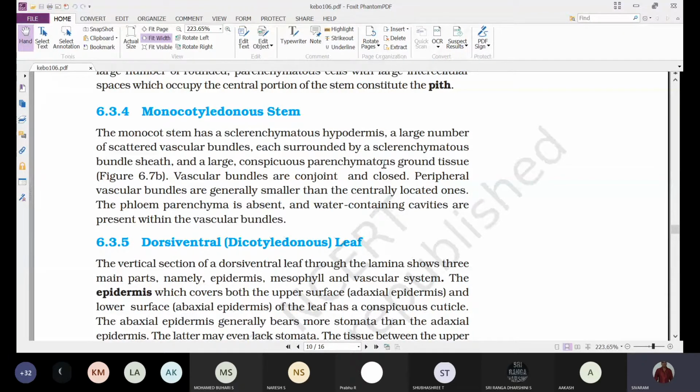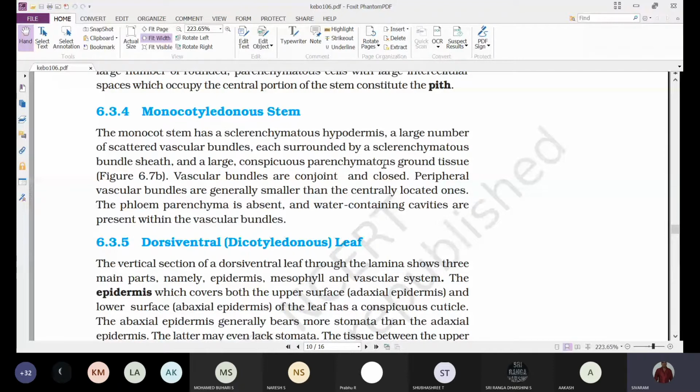A large number of scattered bundles, each surrounded by a sclerenchymatous bundle sheath, and a large conspicuous parenchymatous ground tissue. Here we call it ground tissue because it is undifferentiated. We don't find cortical cells, endodermis, pericycle, medullary rays, or pith. We simply call it ground tissue.